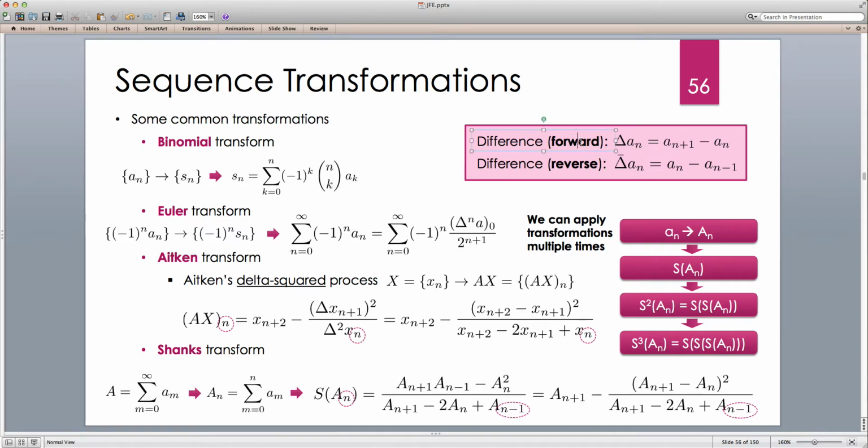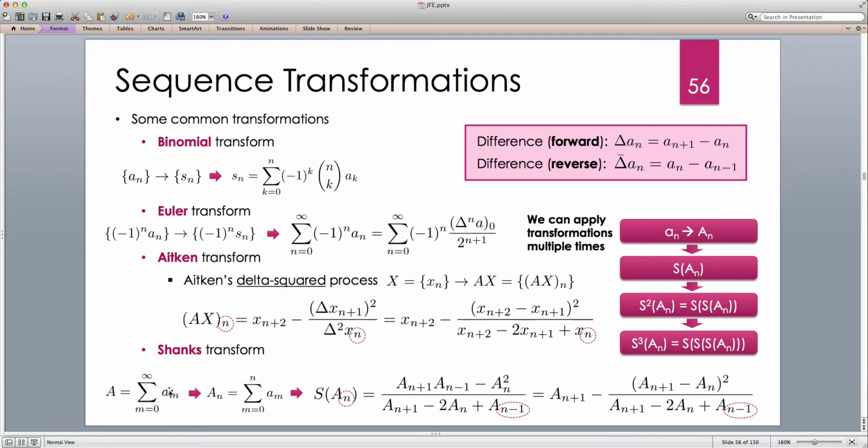And the difference, which is typically the forward difference, is an plus 1 minus an, all right? And then we said that when we do this, the sequence becomes a new sequence. Here S is Shanks. So we said that we can transform that sequence, and typically we use these transforms to calculate series, which are the partial sums of a sequence.